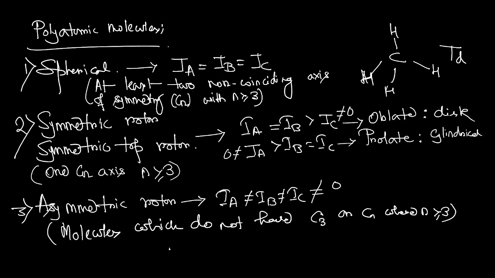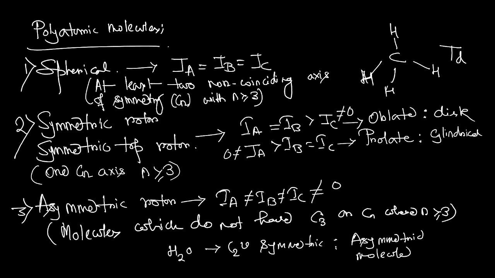Therefore, water is C2v symmetric, so it will be classified as an asymmetric molecule. So these are the classes of polyatomic molecules with their examples.